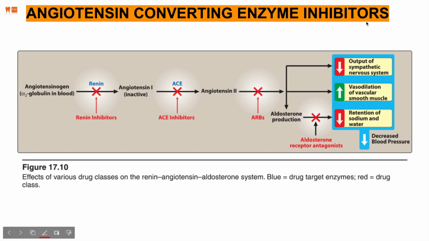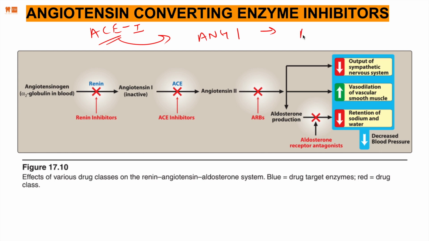Angiotensin converting enzyme inhibitors, the new class now, ACE. So remember, as soon as we hear this, remember that ACE was the one that converted angiotensin 1 to angiotensin 2, the low active to the powerful, packed, active, updated 2.0 model, right?